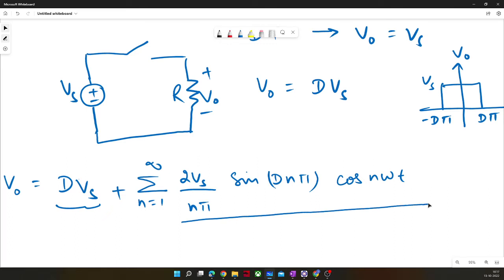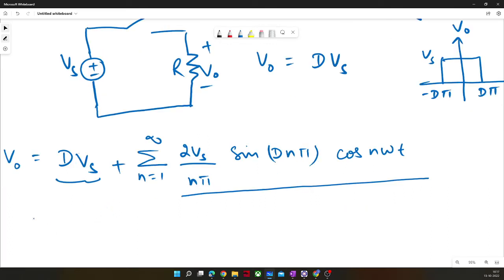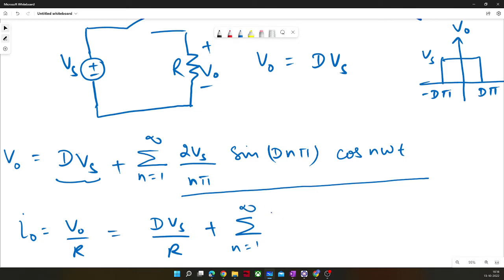Now I will go ahead and write the current at the output. So current would be V naught by R, and that would be dVs by R plus summation n is equal to 1 to infinity, 2Vs by pi, we can take it outside because this is a constant value, and 1 by n sine d n pi cos n omega t.